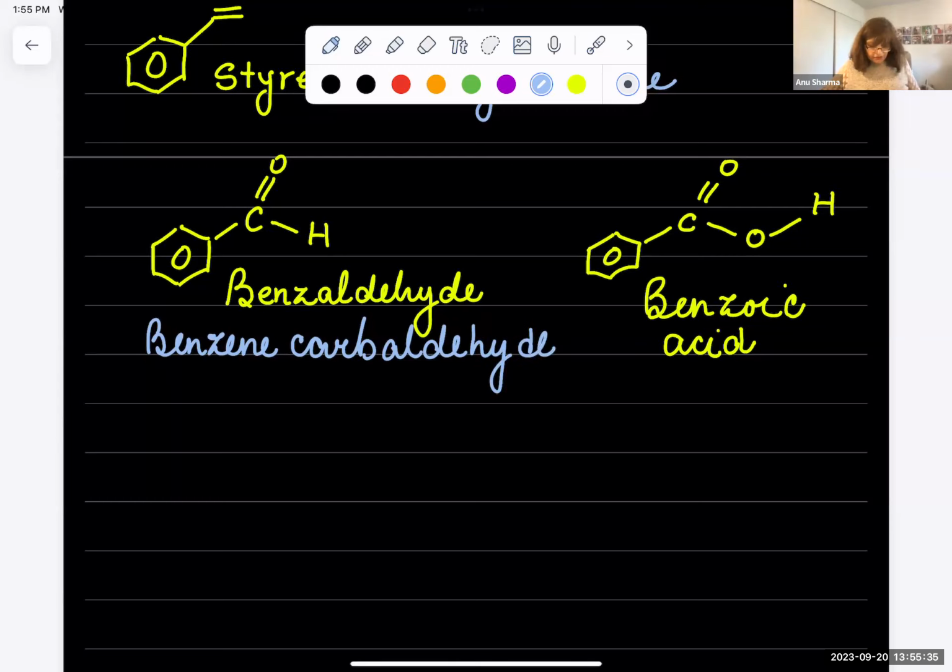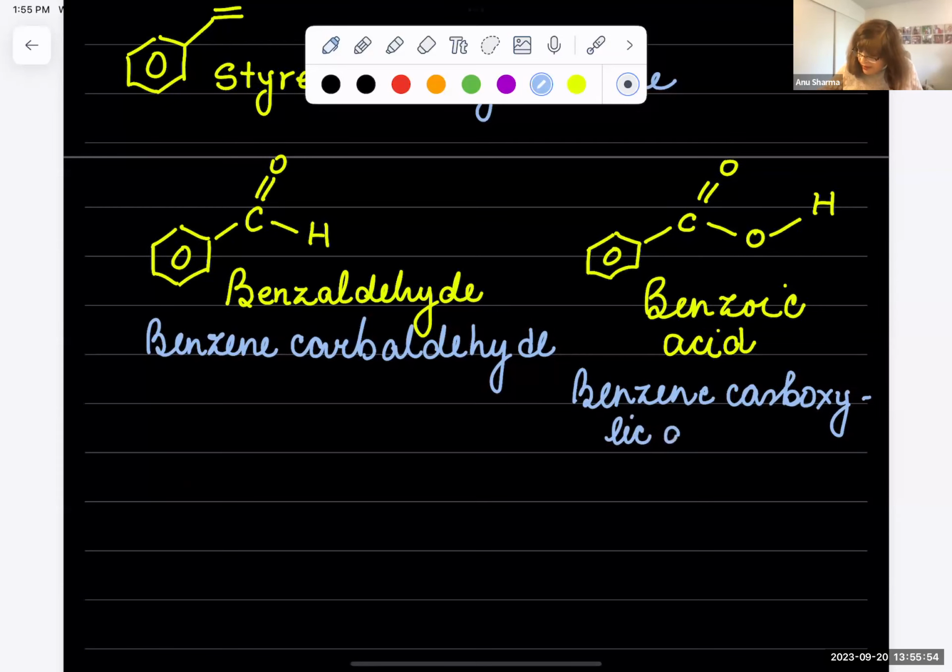And then benzoic acid. You remember there's IUPAC naming, so benzoic acid is benzene carboxylic acid.